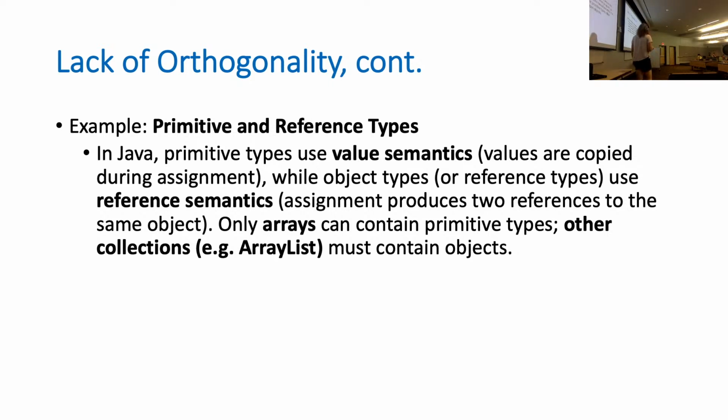Now, they get around this huge non-orthogonal restriction by doing boxing and unboxing. They say the language will automatically convert your primitive types into reference types and vice versa, so you don't have to worry. There's a massive lack of orthogonality, but we'll just deal with it behind the curtain. I mean, I guess it works.